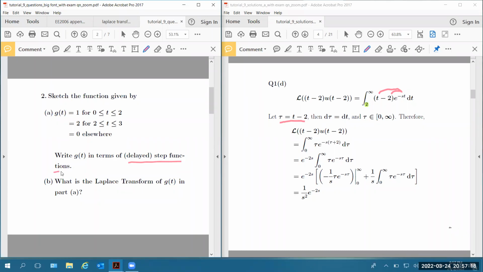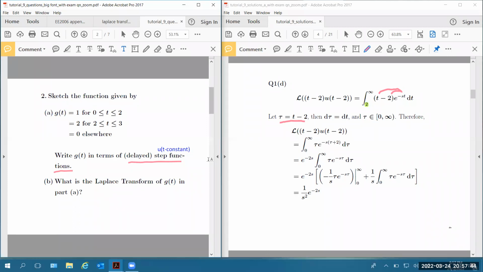Delayed step functions. Okay, now step functions, you know, u(t) is called step function. Just now we have a u(t), right? u(t) is called step function. What about delayed step function then? Delayed means that it's something like this: u of not just t, but t minus a constant.